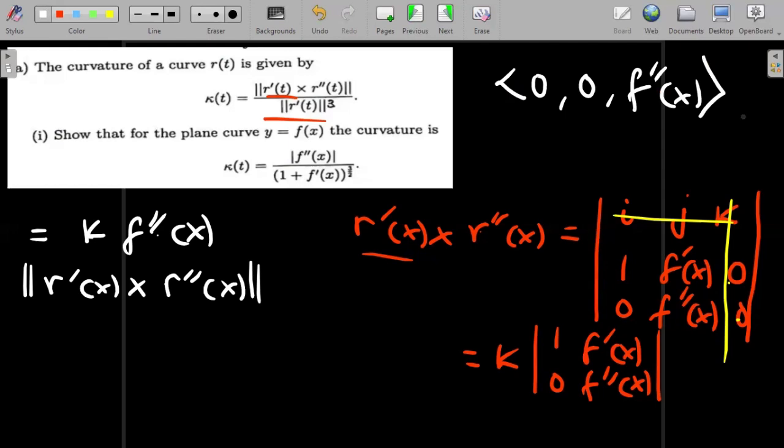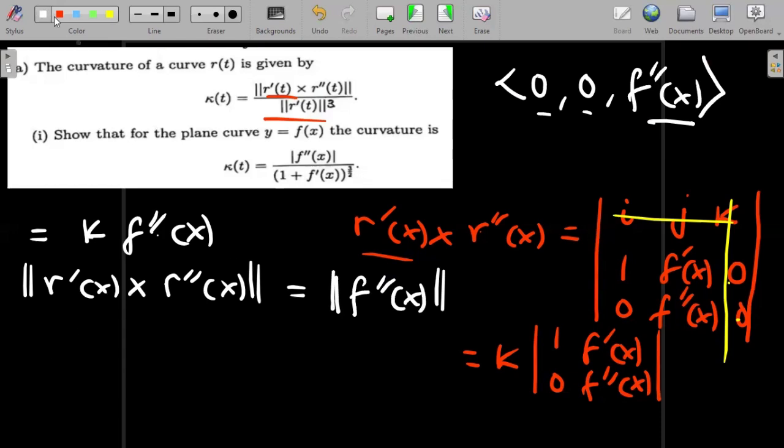This is how it's going to be written, because we only have a value at k here, and at j and i there's nothing. Then when we plug in this here, we just get the modulus of f double prime of x. So this is what we get. Now, we have to get what is down there.